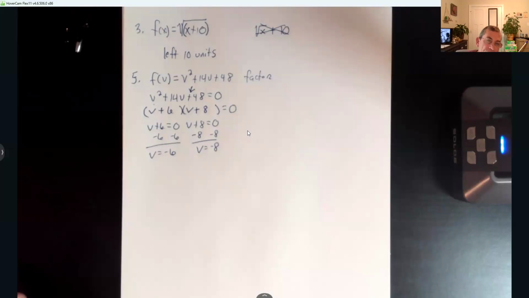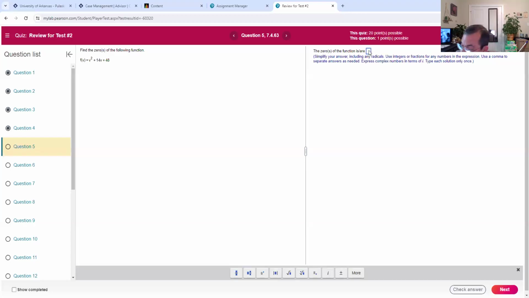Now, if you don't like factoring, you can actually solve it by quadratic formula, okay? Which takes a little bit longer. So right here, you would just put in your two answers, -6, comma, -8, okay? And then you move on to the next one.